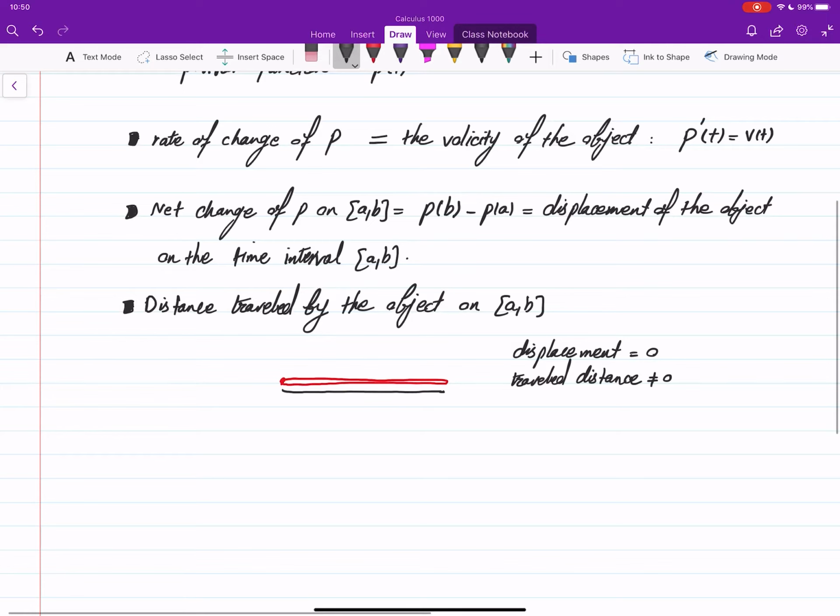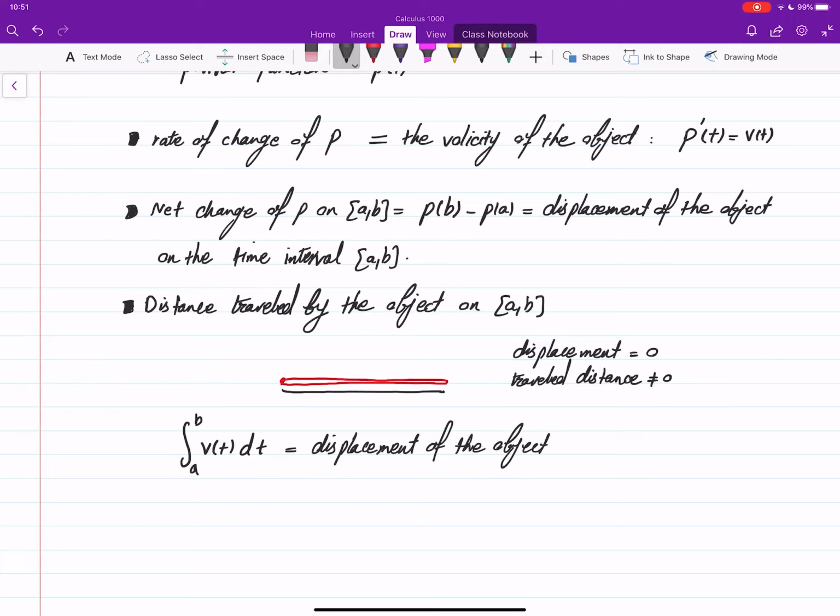So based on the net change theorem, we know that the integral of the velocity on AB dt is going to be displacement of the object on the time interval AB.